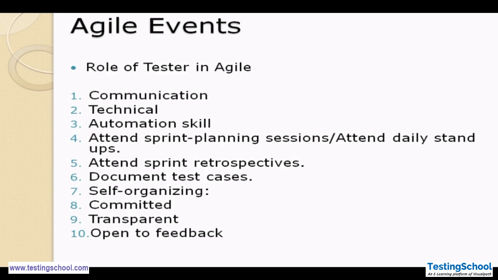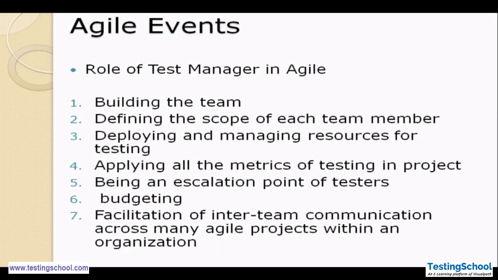So these all are the roles of a software tester in the agile model. We will see the role of a QA manager in our upcoming session. We are going to see what all the roles of a test manager in the agile model are. We will see these roles one by one. The first role is building the team.